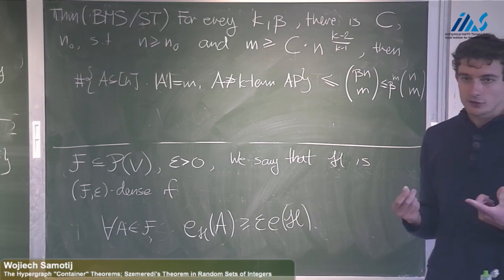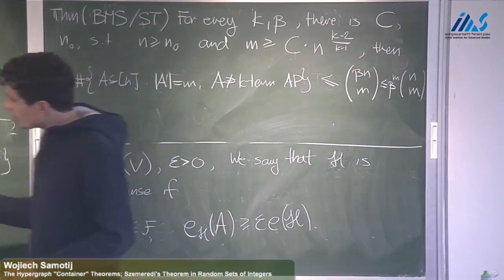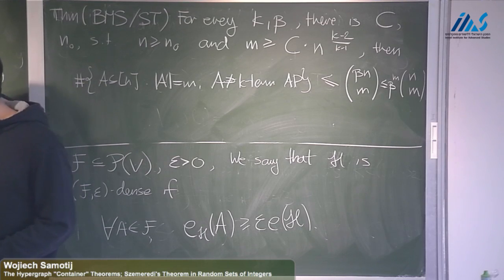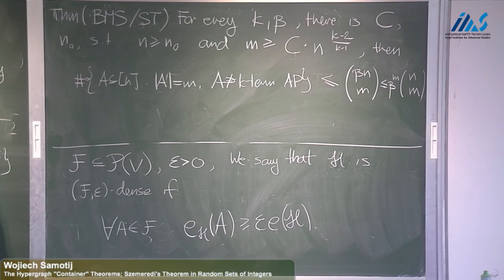So there are two ingredients here. The first ingredient will be analyzing the hypergraph of arithmetic progressions and computing the bounds on the maximum degrees, to determine this parameter p, which will determine that this is the right threshold to look at. And there will be a second ingredient which will involve the proof of Szemeredi's theorem, which will help me to describe this family F. So I need to identify this family F, the family of sets which contain quadratically many arithmetic progressions, as the family of sets which contain any positive proportion of the elements.